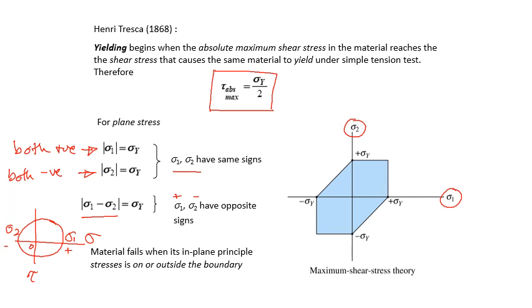Okay, so if we plot, then we have this blue shape here. And how we use that is, if we take sigma 1 and sigma 2 and plot it on this graph, if they are within the blue region, both of them, then they are safe. If one of them reaches the boundary or even exceeds the boundary, then we assume that the component fails.